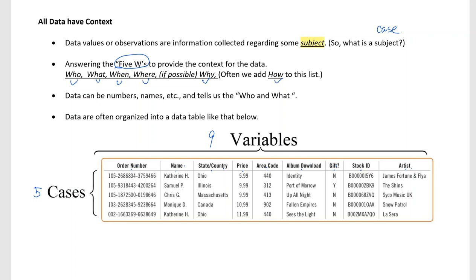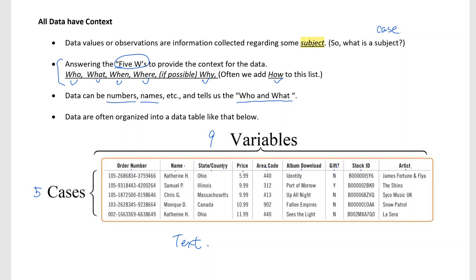So all of this information is important for us to learn about this table. Normally when you read a table, you always have another text or word description to list all of this information. And as we said at the beginning of this class, the data can be numbers, can be names, and so on, and tell us who and what.